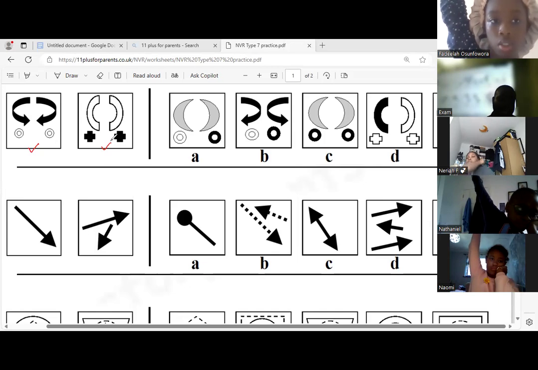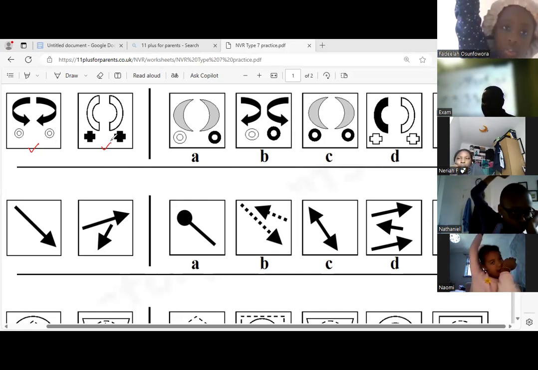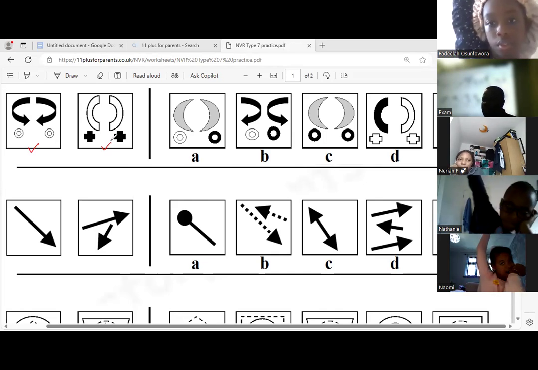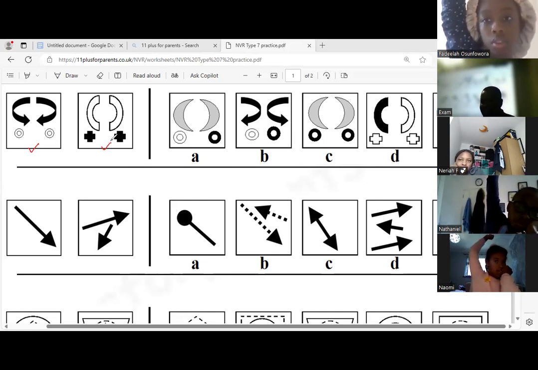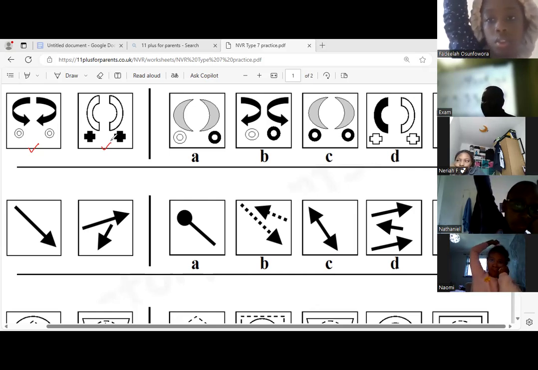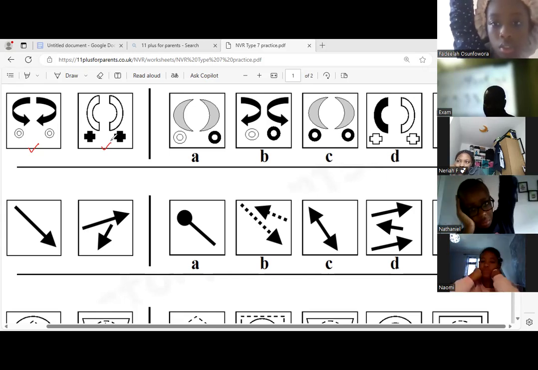They have two blacks and two whites. Does that make sense? But it's not the same position of shading. So if you think about it, it's not really shading. We can say it's shading, but you have to be very, very careful. You could say number of shading. Yes, we could say number of shading.